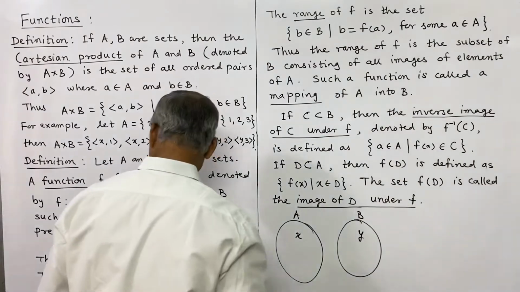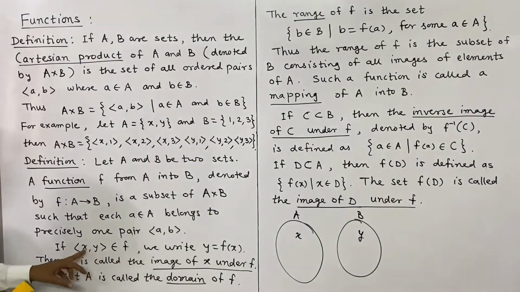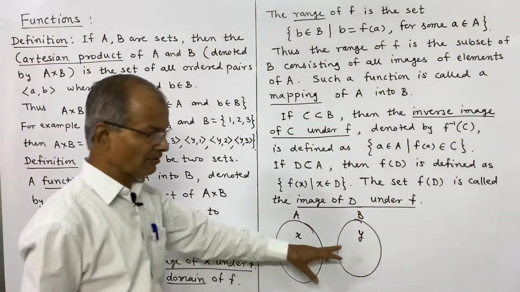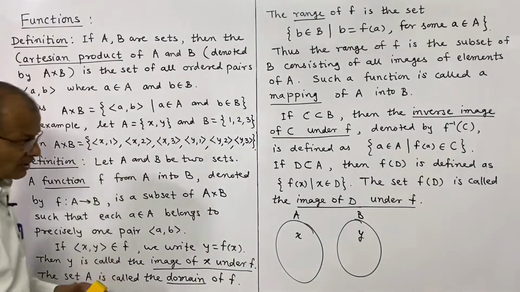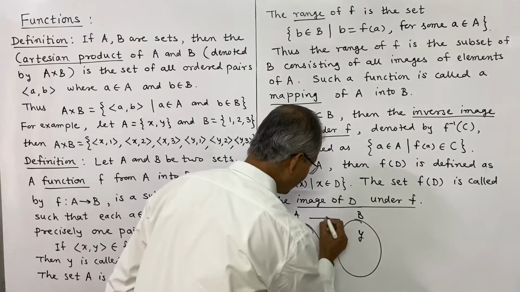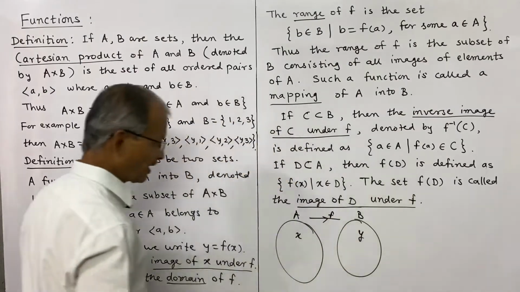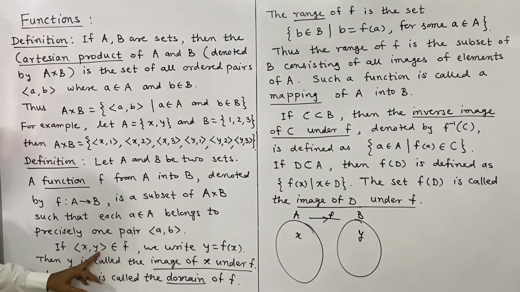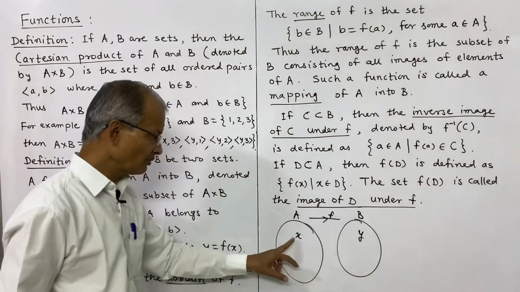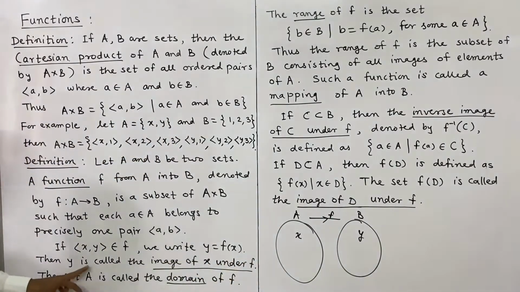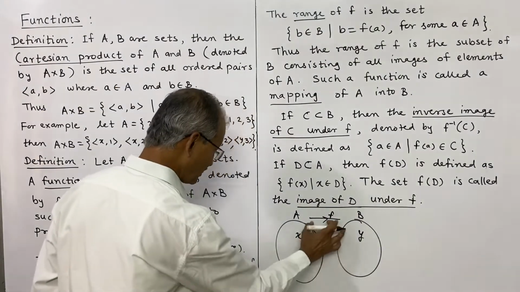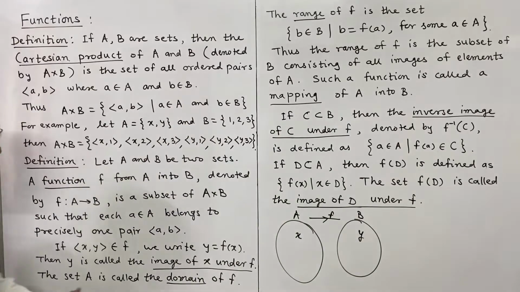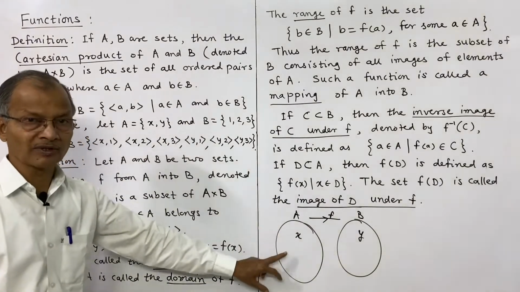So if this is the ordered pair, it will be (x, y), and that belongs to the function f, which is the function from A to B. Then we can say the pair (x, y) belongs to f, and we write this as y equals f(x). We call y the image of x under this function f, and the set A is called the domain of the function.